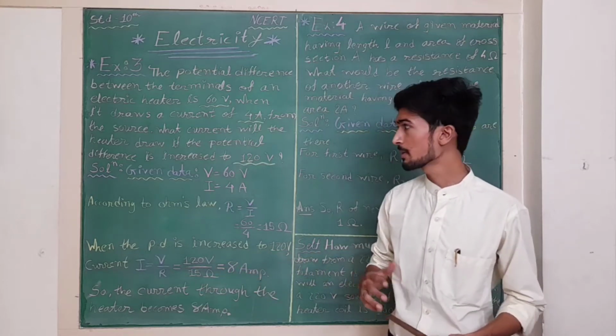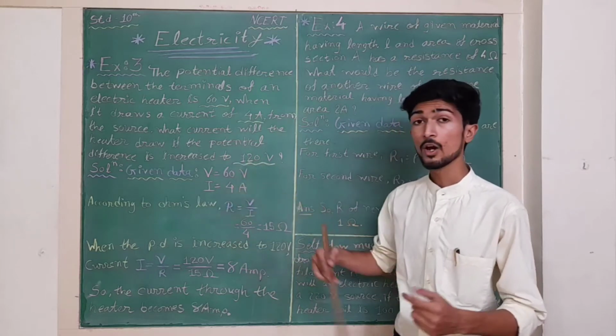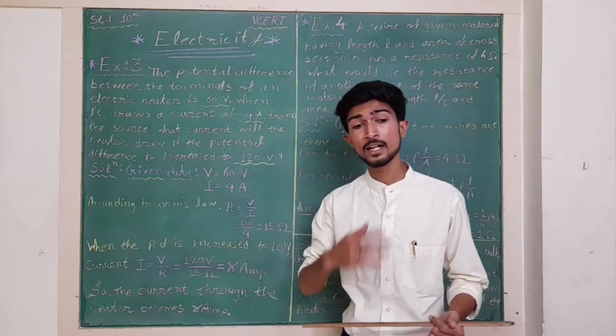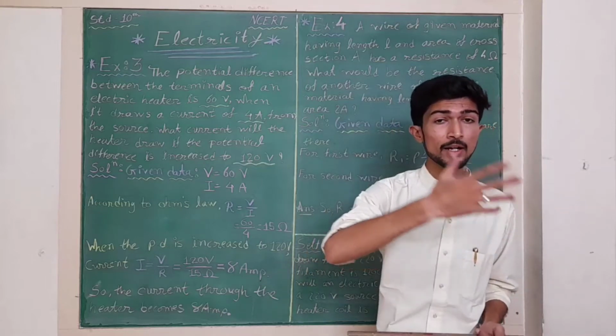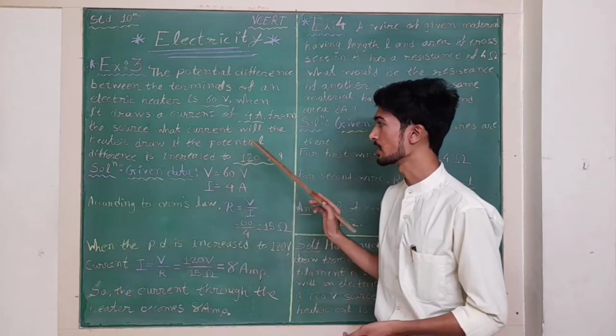Okay, so this means that, as we just said, Ohm's law indicates that if voltage is double, current will be double; if voltage is half, current will be half. Same as here.